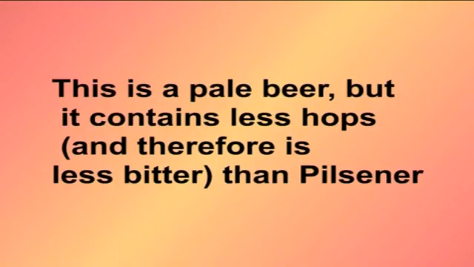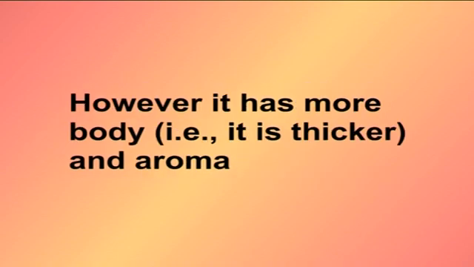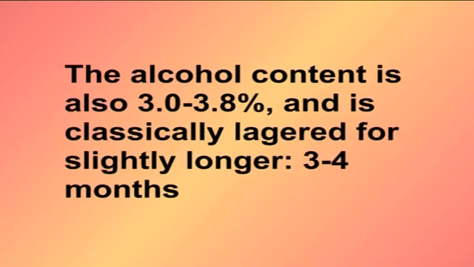The second, Dortmund beer. This is a pale beer, but it contains less hops and therefore is less bitter than Pilsner. However, it has more body, that is, it is thicker, and aroma. The alcohol content is also 3 to 3.8% and is classically lagered for slightly longer, that is 3 to 4 months.